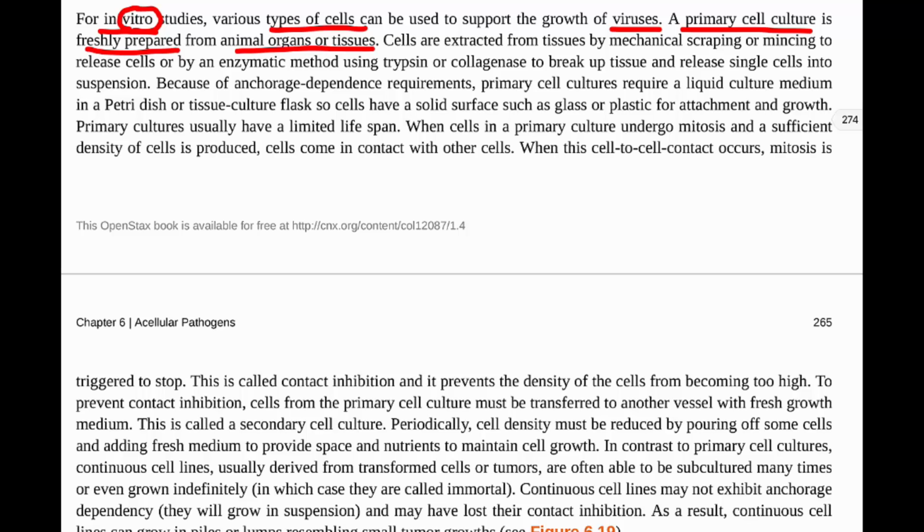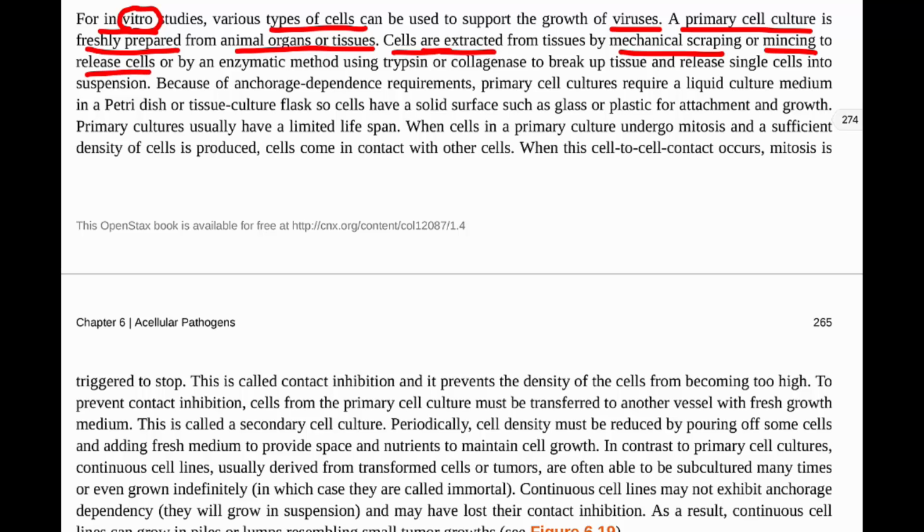So they're going to take those organs or take the tissues, and then they'll be able to prepare a cell culture from that. So the cells are extracted from the tissues either by mechanical scraping, which is basically exactly what it sounds like, scraping it off of the tissue and just gathering up some of those cells, or mincing to release cells.